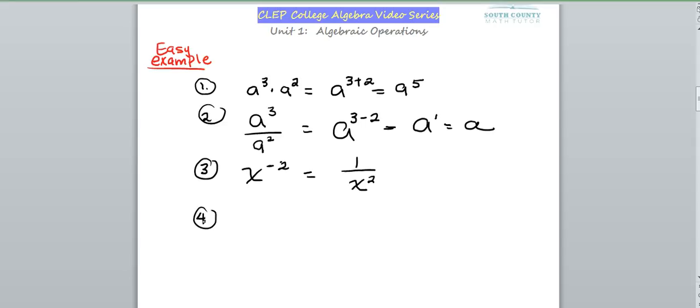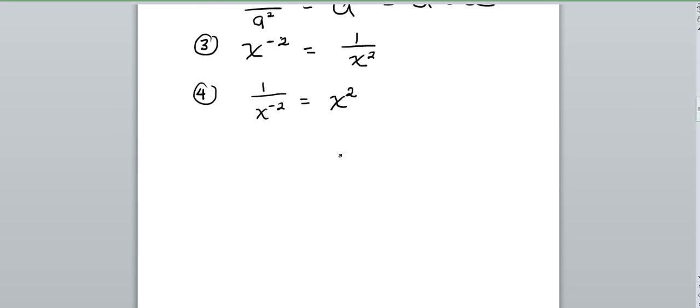What if you had 1 over x to the negative 2? Again, change position. Bring x to the top: x squared over 1, which is the same thing as x squared. What if you had x, y to some variable n? Notice how they're different bases.